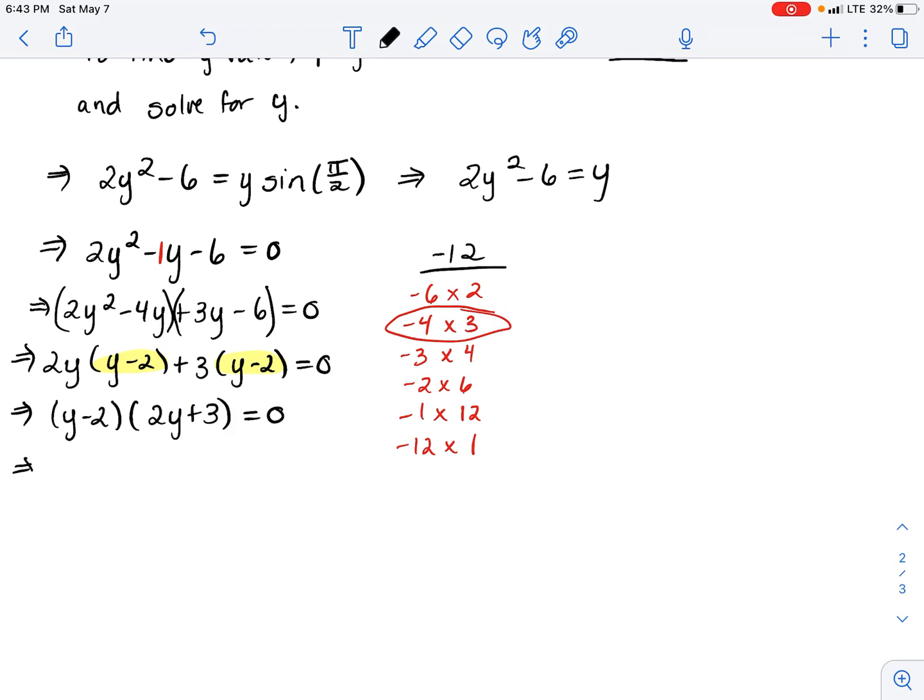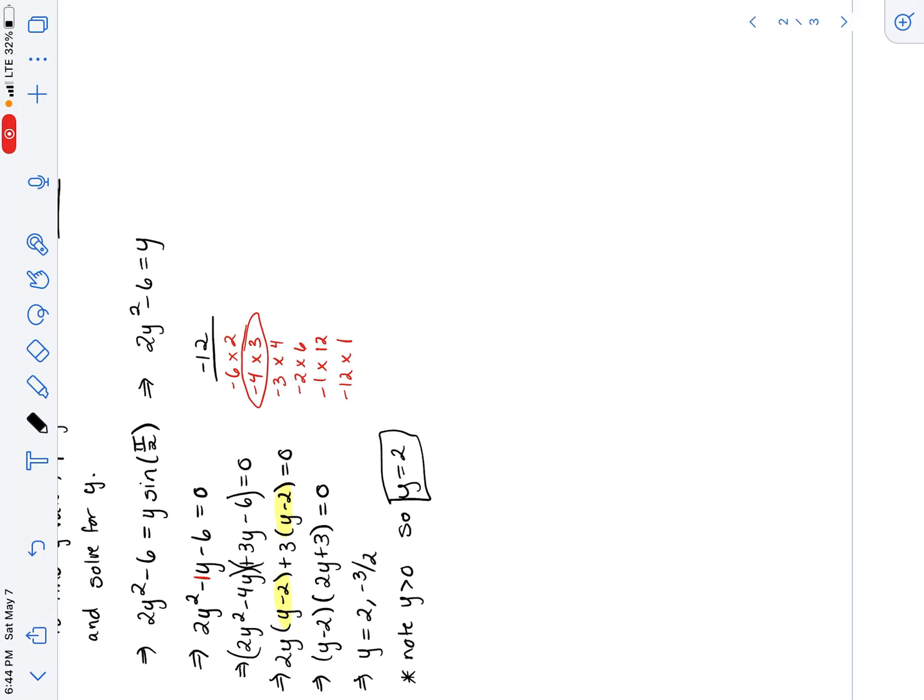And so now I get that y is equal to 2 or negative 3/2. However, remember, y is greater than 0, so y is equal to 2. Okay, so that's my y value right here.